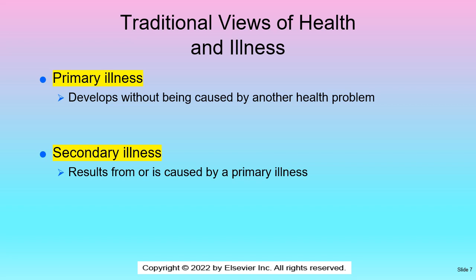This can lead to a lot of other health problems or secondary illnesses later in life. Another primary illness could be heart disease or atherosclerosis, that hardening of the arteries that can lead to a lot of other complications later in life, or secondary illnesses. Peripheral vascular disease resulting from diabetes is an example of a secondary illness starting from diabetes.